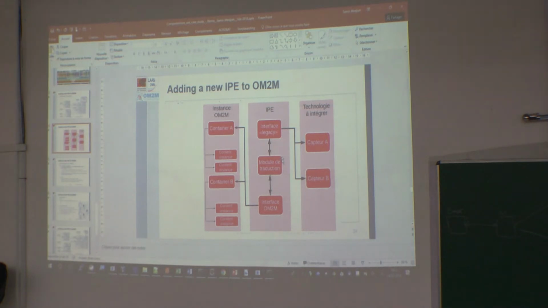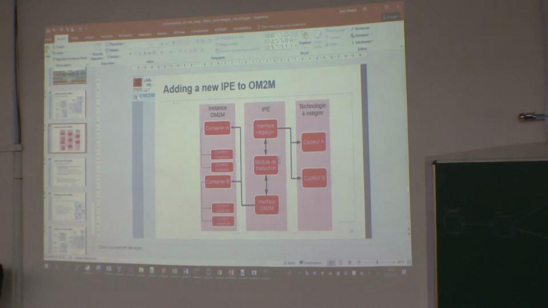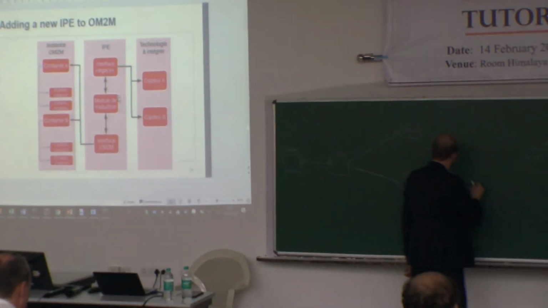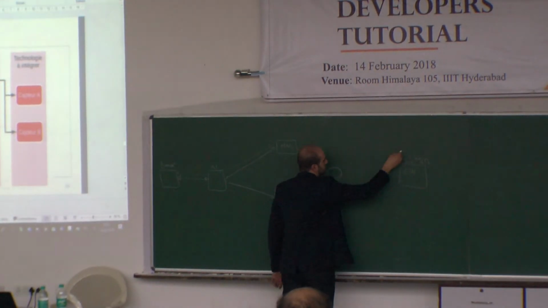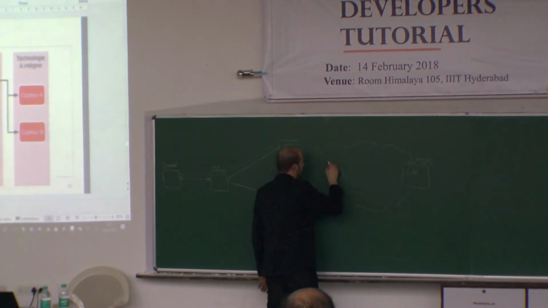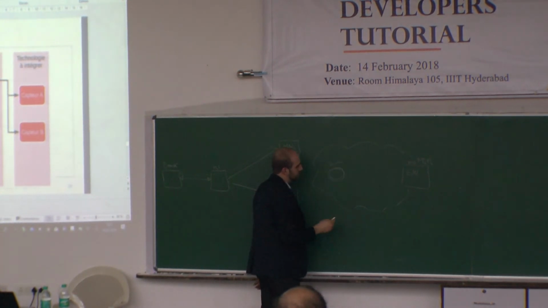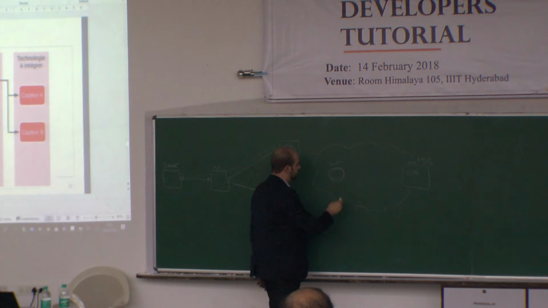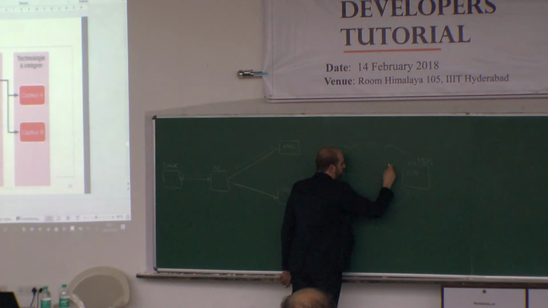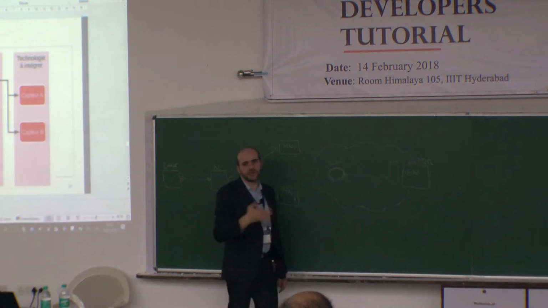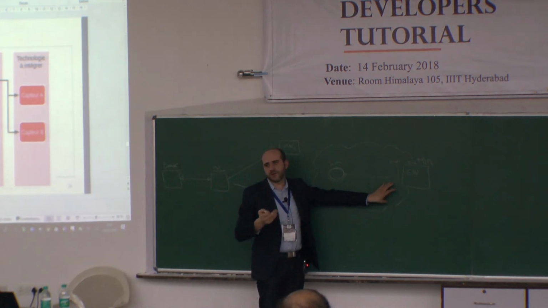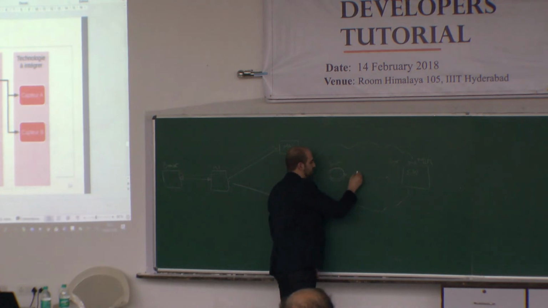For example, a typical scenario: I have my gateway here, a oneM2M gateway. I have a device in my organization. This device is a legacy one. It is using UDP datagrams, for example, to communicate with my server. This is the legacy system, a device that is communicating with the server provided by the solution provider.